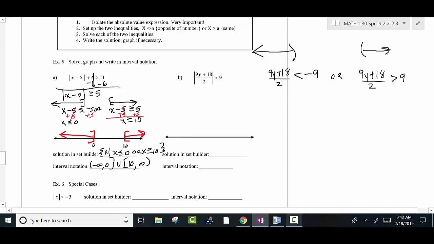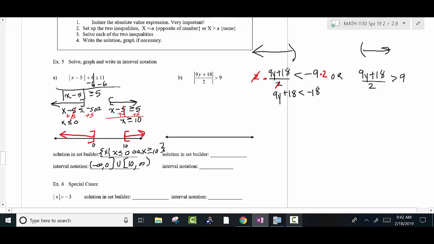Okay? Well, you've got a fraction, so how do you get rid of the fraction on this problem? Multiply by 2, right? The only denominator you have is a 2, so it would be wise to just multiply both sides of this equation by 2. And then once you do that, it's pretty easy. So we'd have 9y plus 18 less than negative 18.